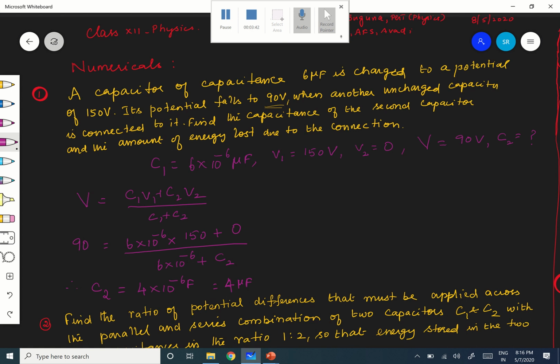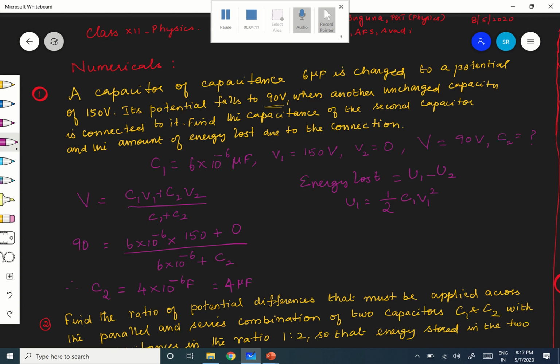Therefore, it is the initial energy minus the final energy, correct? Energy lost is equal to U1 minus U2, that we have seen. What is U1 here? U1 is the initial energy, only half C1 V1 squared, because the second capacitor is uncharged.